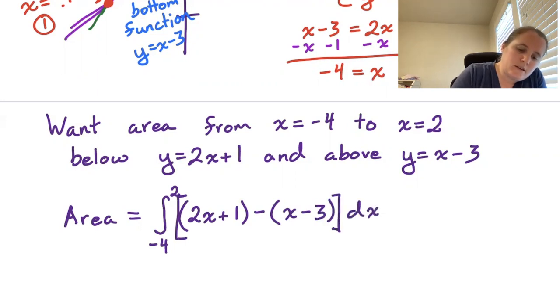So again, we have x equals -4, who's here, to x equals 2. And then below 2x plus 1 and above x minus 3. So this was our top and our bottom.